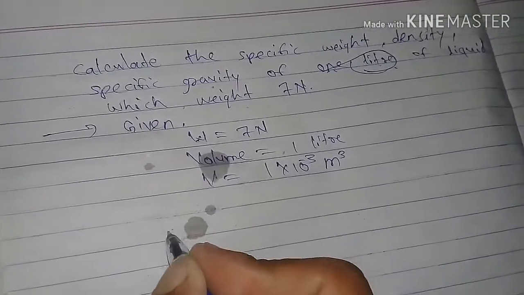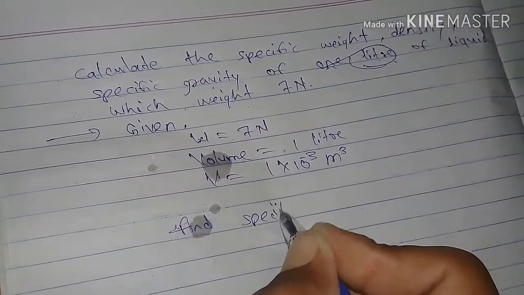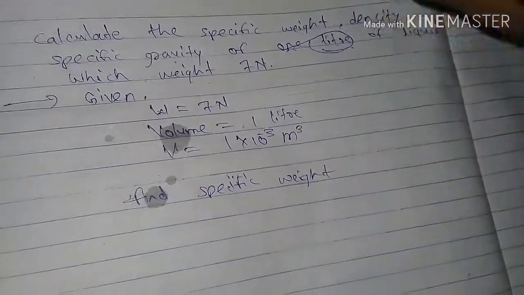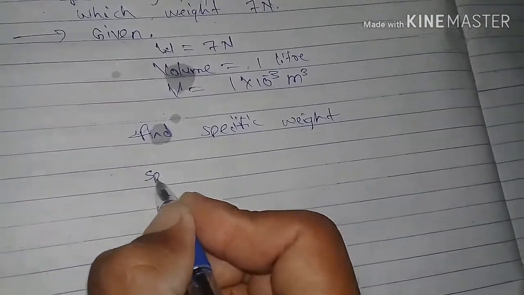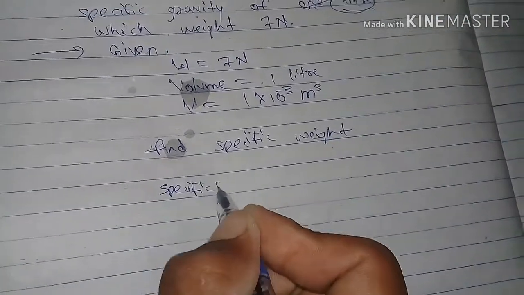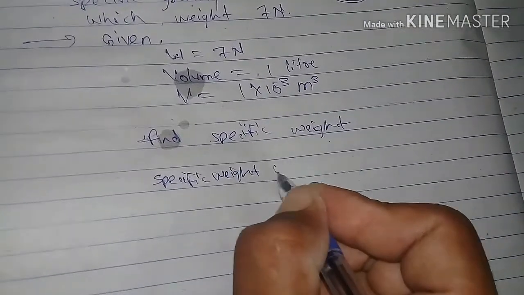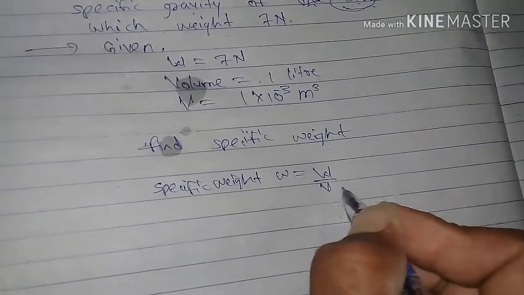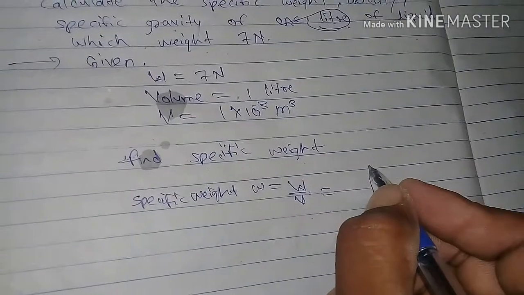Find specific weight. Specific weight w is equal to weight upon volume.